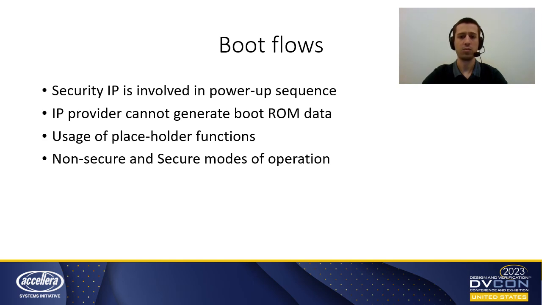So the best way is to communicate at the beginning with the IP provider for them to create certain placeholder functions which will be empty for them. So when they generate the boot ROM at block level, these functions will be executed, but they will be empty. For us, they will not be empty, but we will populate them with our power up sequence. So when we use their tool to generate the boot ROM, we will have our power up sequence in their boot ROM code.